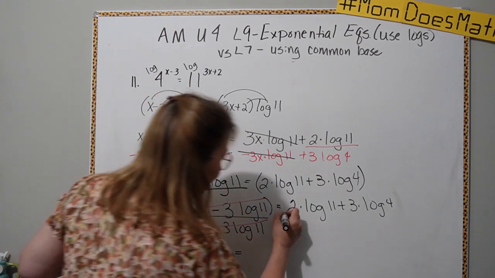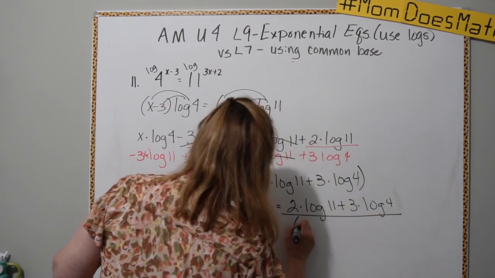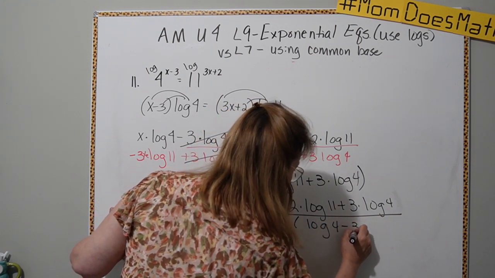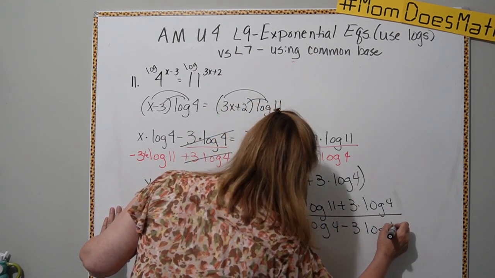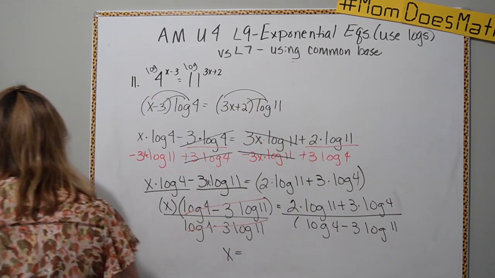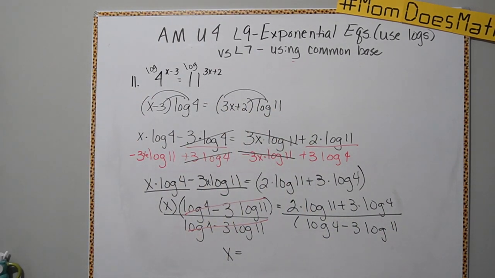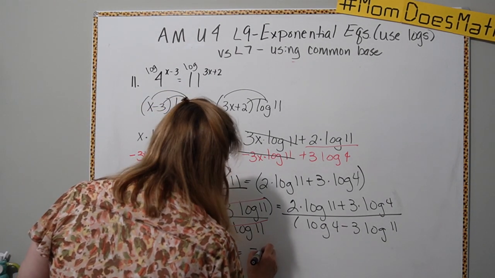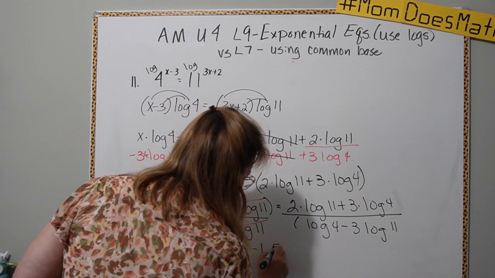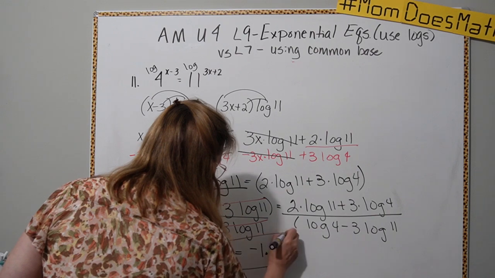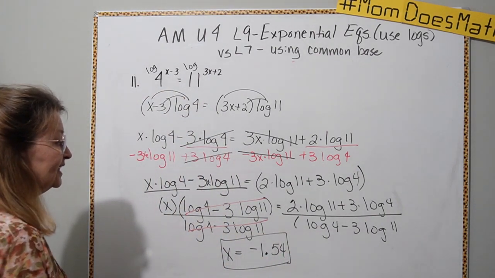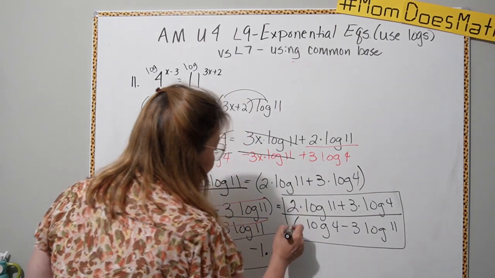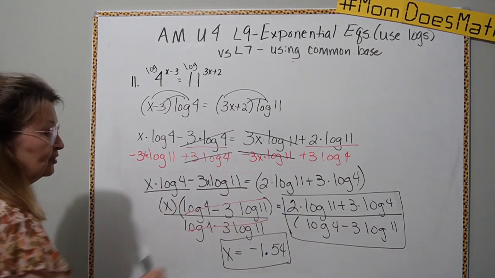Now when I divide all of this by the same thing, log 4 minus 3 log 11, we're going to put that in the calculator, and that is going to give us negative 1.54. And once again, I know it is tedious, but you need to practice putting this in the calculator to make sure you get this answer.